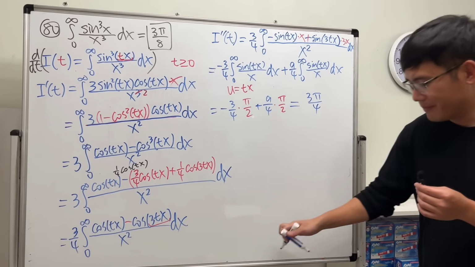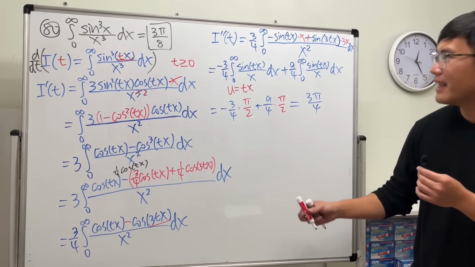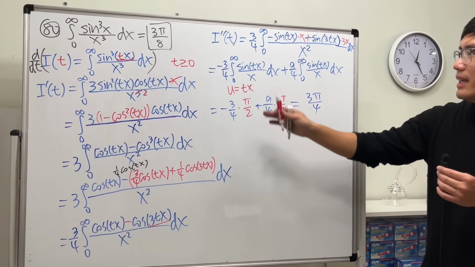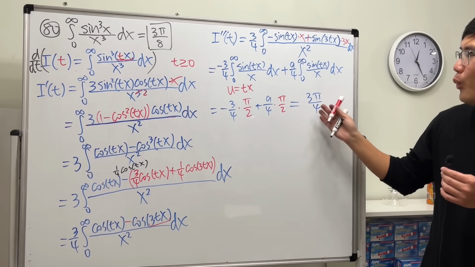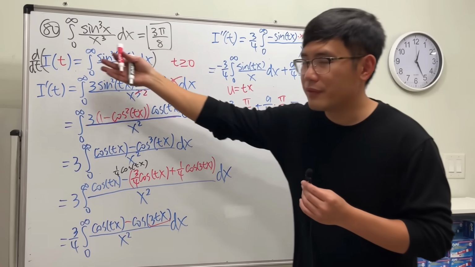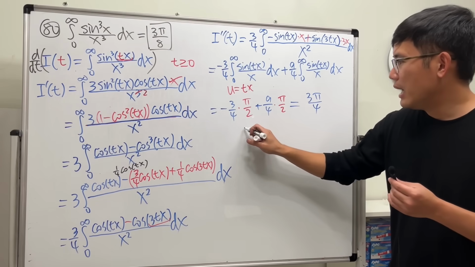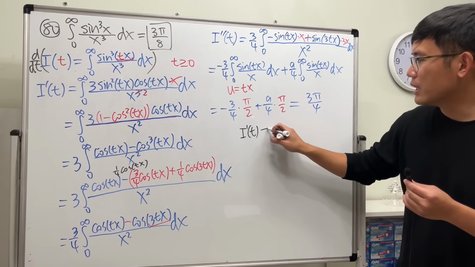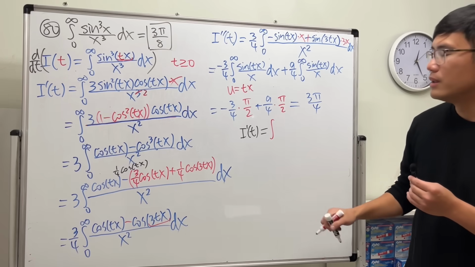Alright, check this out. I double prime of t is this crazy integral, yeah? And then we see that it's always going to be 3 pi over 4. Now we have to go back to I of t. So I prime of t, right? We have to integrate this right here first, which is going to be the integral of what?